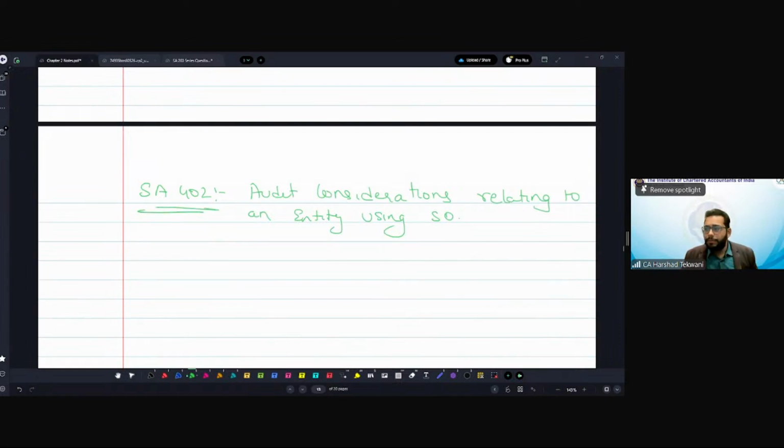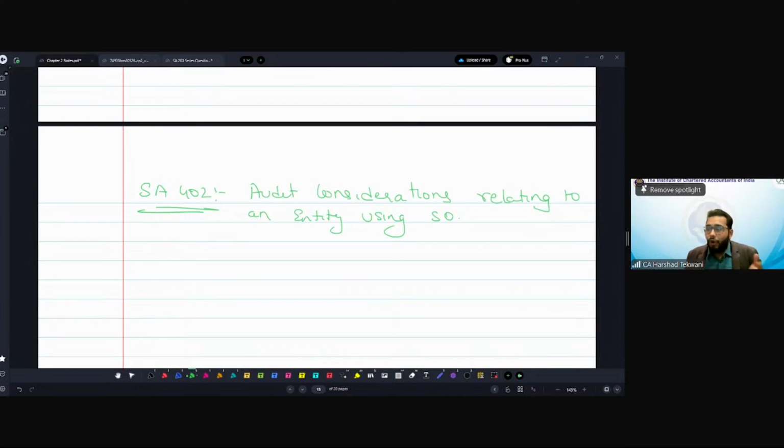Now before we proceed, there are a few terms that we need to understand with respect to this SA. For example, we need to first understand what is a type 1, type 2 report.